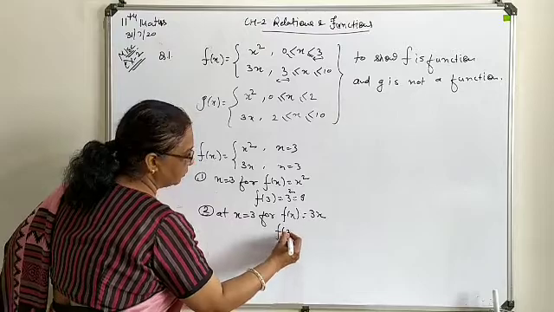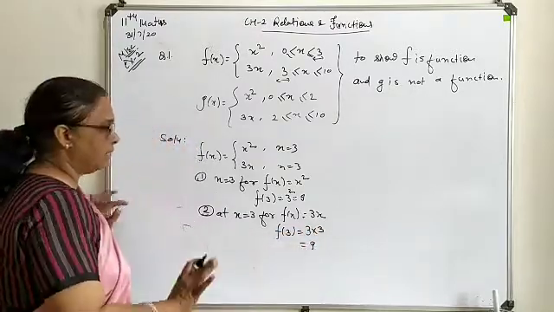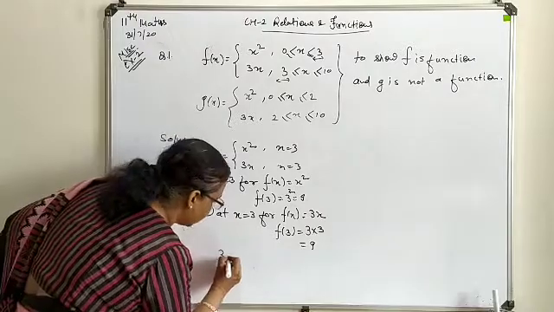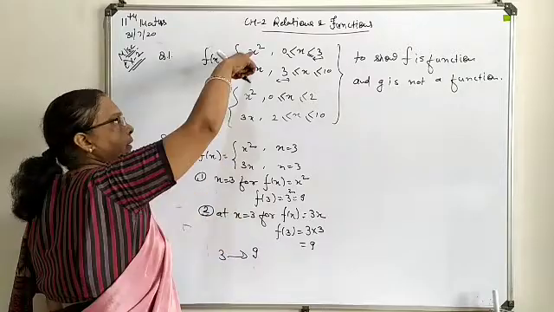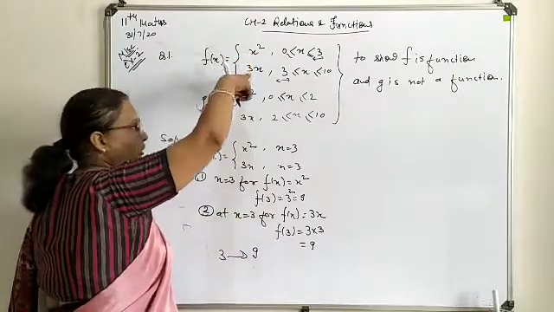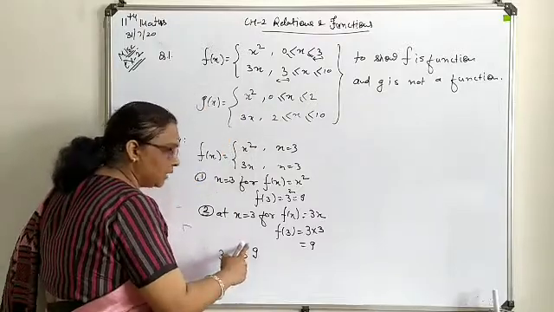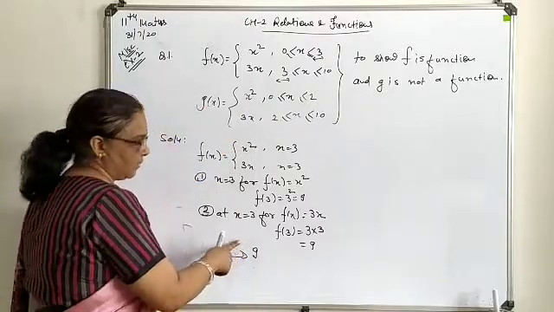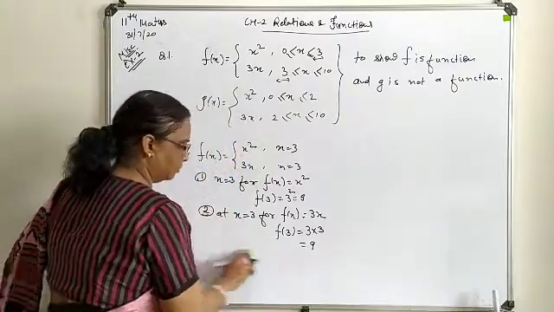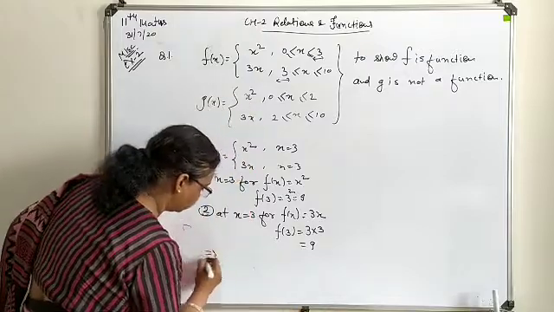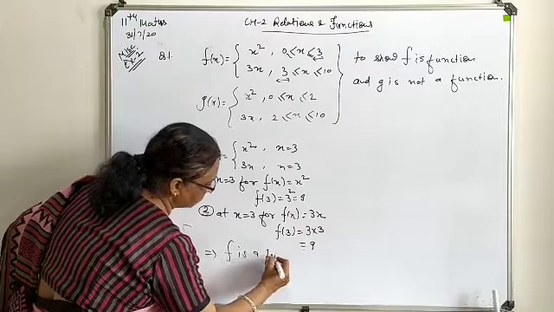Substituting, 3 into 3 again gives 9. So 3 maps to 9 in both cases. It doesn't matter which relation you use, a single value has a single image in the second set. That's why f is a function.